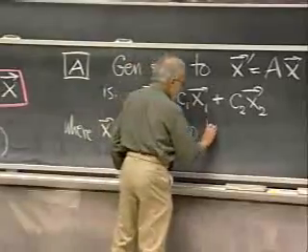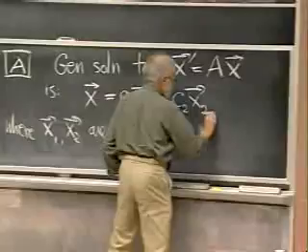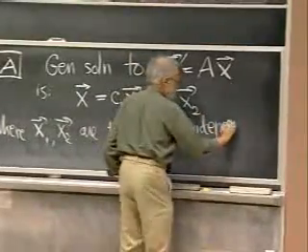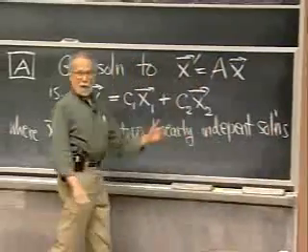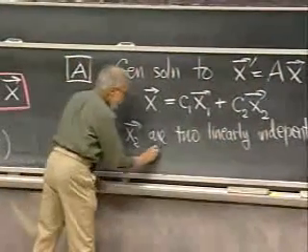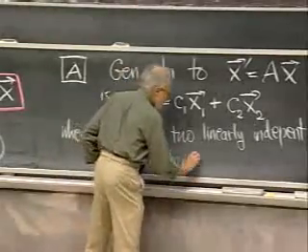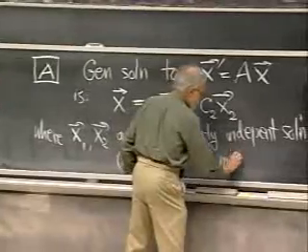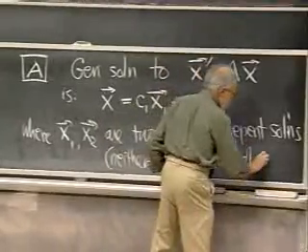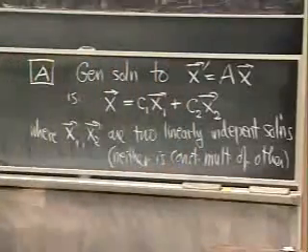Are two linearly independent solutions, i.e., neither is a constant multiple of the other. That's what it means to be linearly independent.